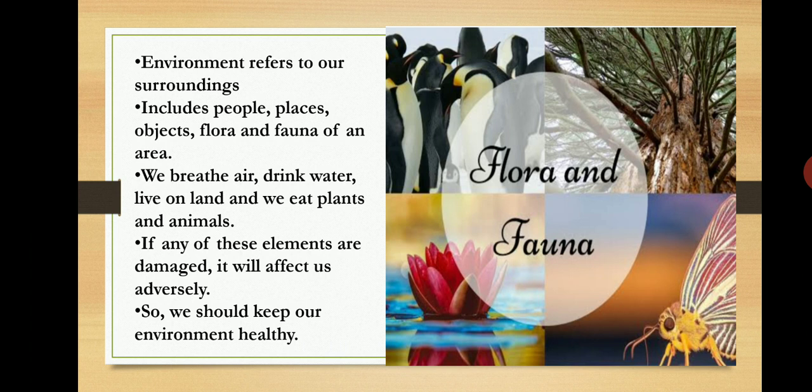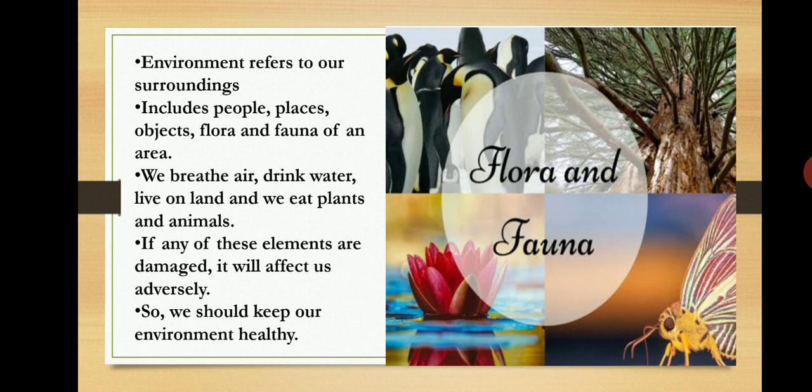So if any of these elements, the air that we breathe, the water that we drink, the land that we live on, the plants and animals that we eat, are affected because of us, then it also affects us badly. We as humans also have that problem then, and so we should keep our environment healthy.